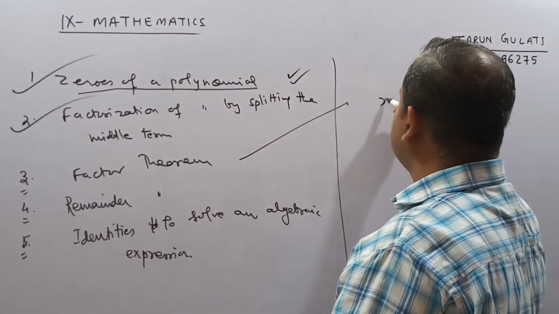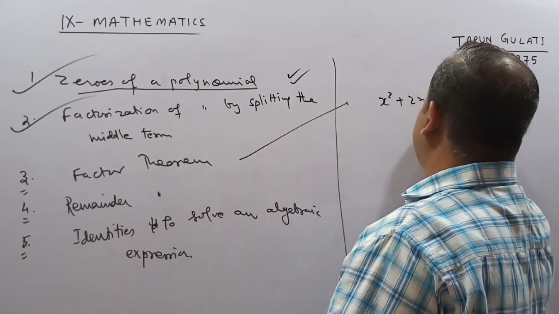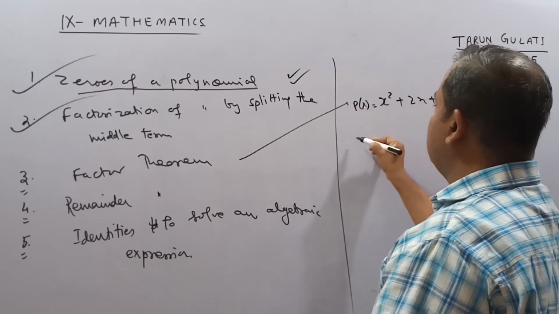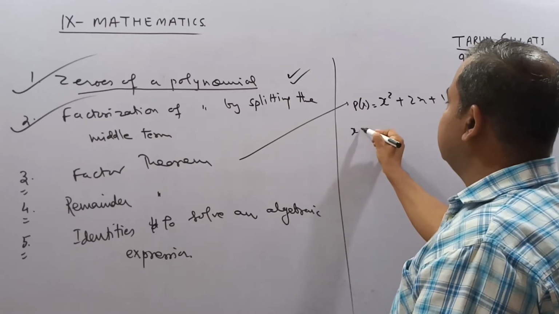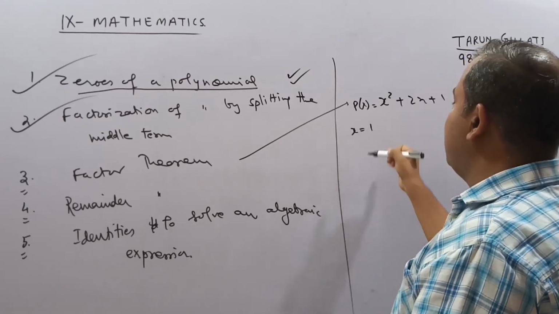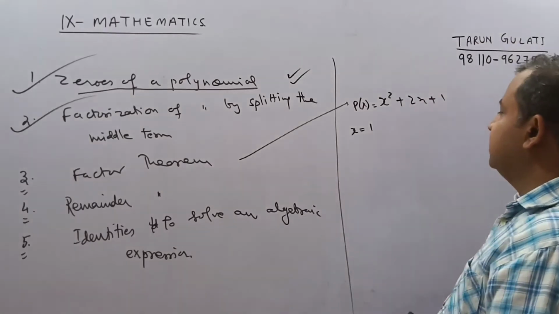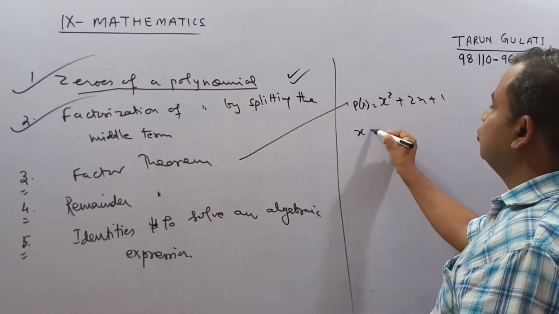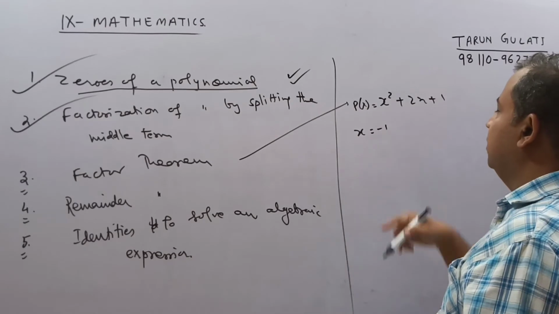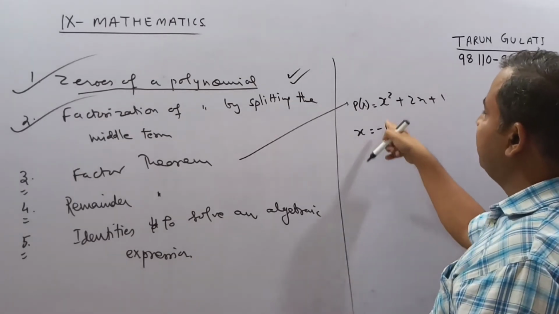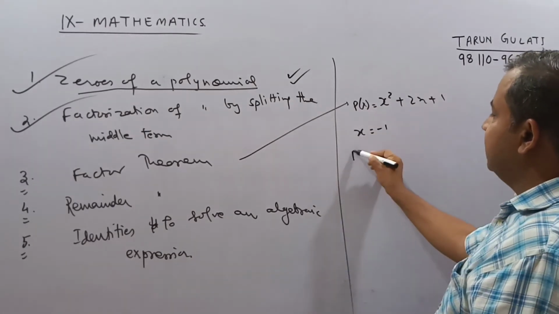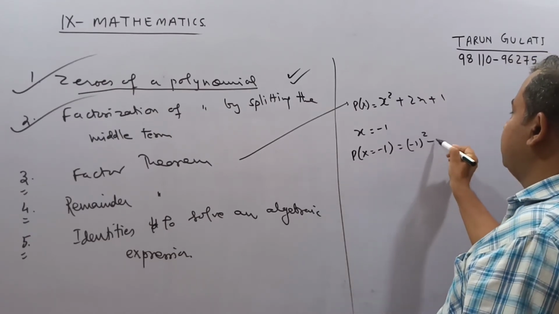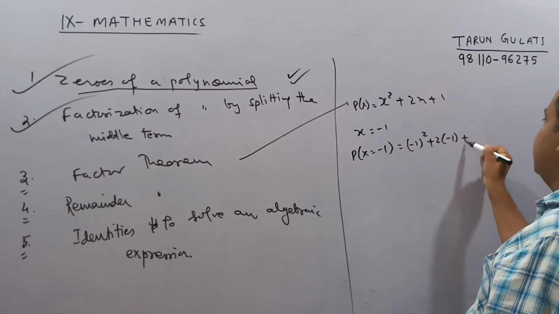Take the polynomial x square plus 2x plus 1, and x is equal to minus 1. We want to check whether it is a factor or not. p of minus 1 is minus 1 to the power 2 plus 2 into minus 1 plus 1.